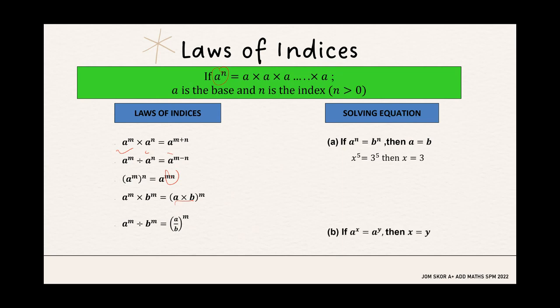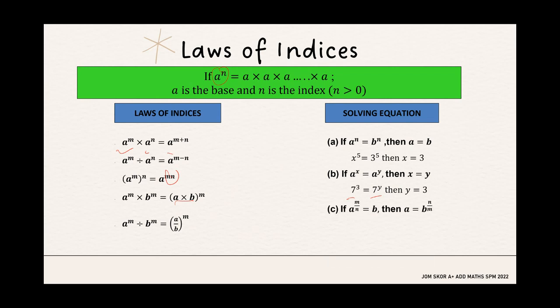Okay. For the second case, when we have the same base, different index. We have a to the power of x is equal to a to the power of 5. Then x is equal to 5. So if we have 7 to the power of 3 equal to 7 to the power of y, the base is the same. We see the base is 7, and the index y is equal to 3.